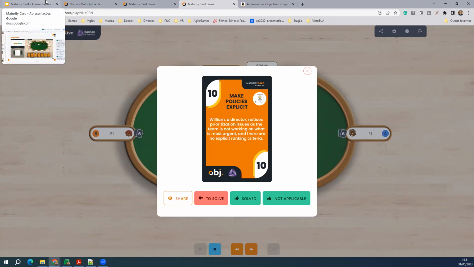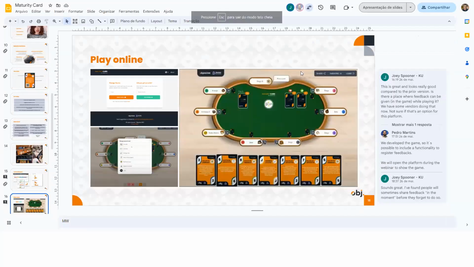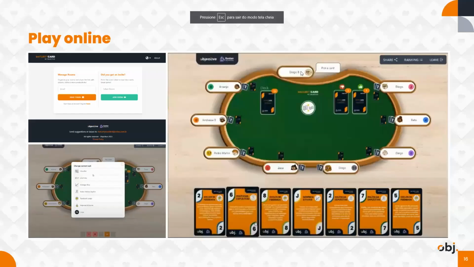Can the online version run 2 games in parallel for the same account, or how many? Or do you provide a trial version? And you said there is no coach needed. Do you provide some facilitation guidance to navigate the elements? Go ahead, Marcelo.